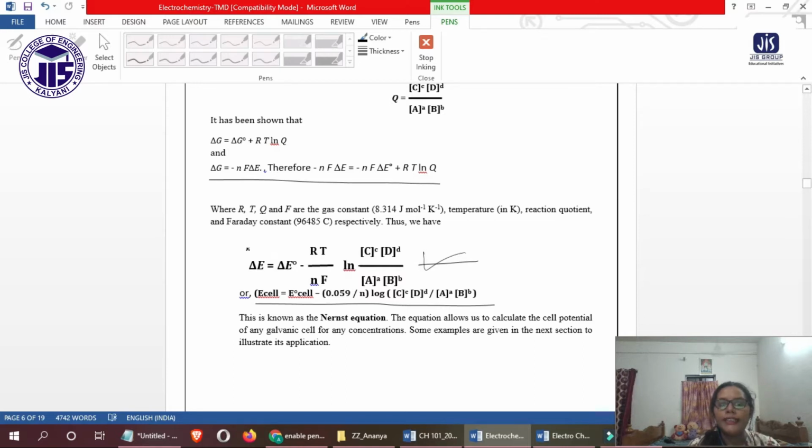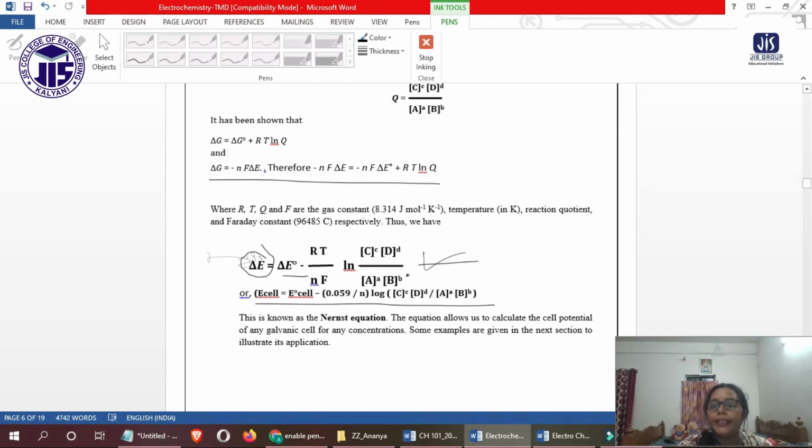So what is this? That is delta E equals delta E 0 minus R T by n F ln of the concentration of the products, that is C to the power c, concentration of product D to the power d, divided by the reactants, that is A to the power a and B to the power b.